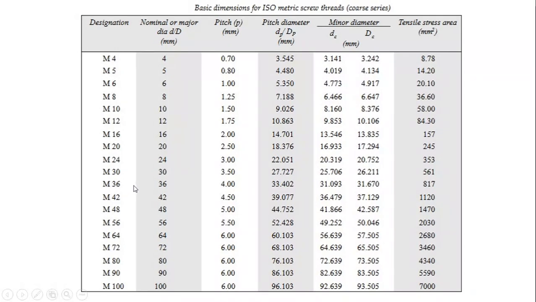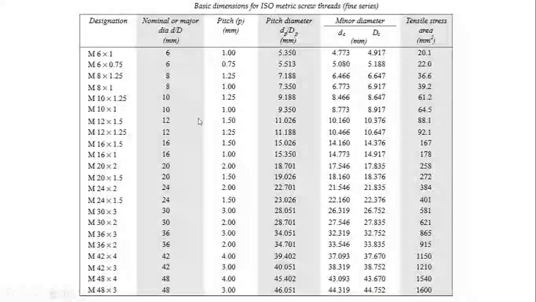Next, a screw thread of fine series is specified by the letter M followed by the nominal diameter and pitch in millimeters, separated by the symbol x or into.